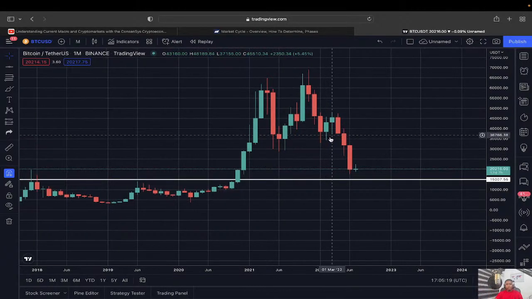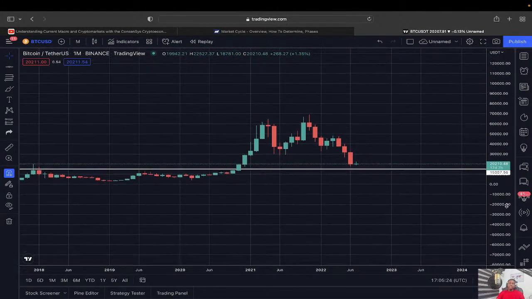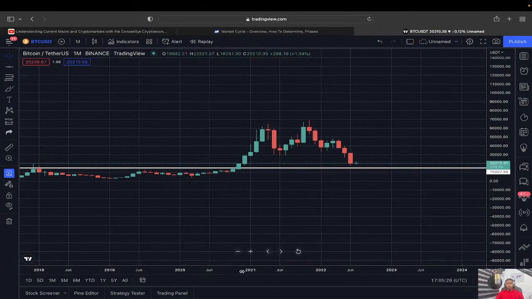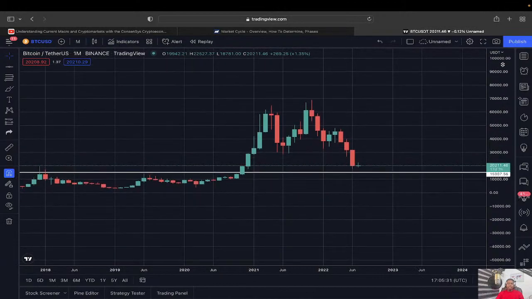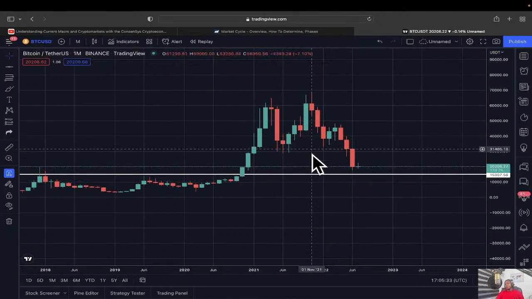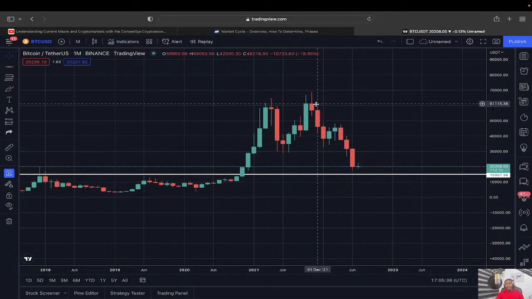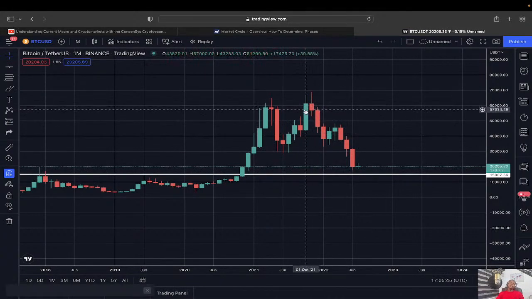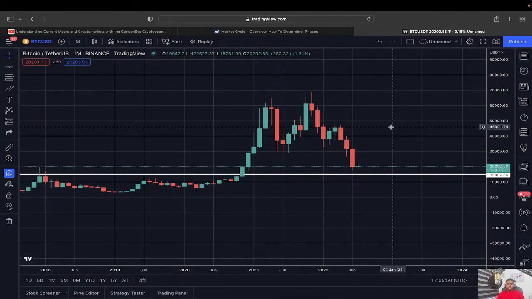Interestingly, we can see that the current market structure in BTC is a downtrend, because the market has been going down for the past 8 months.